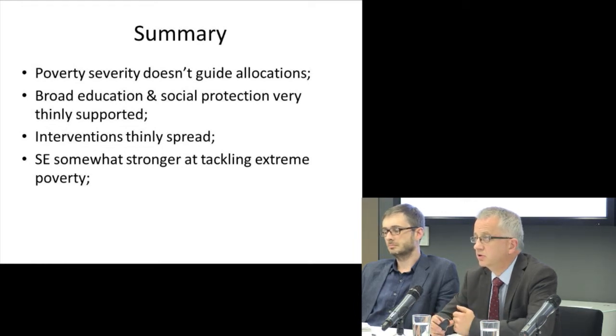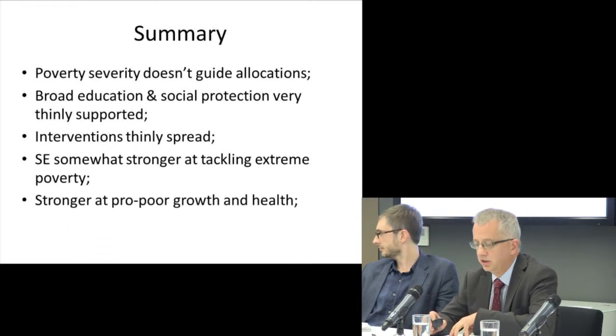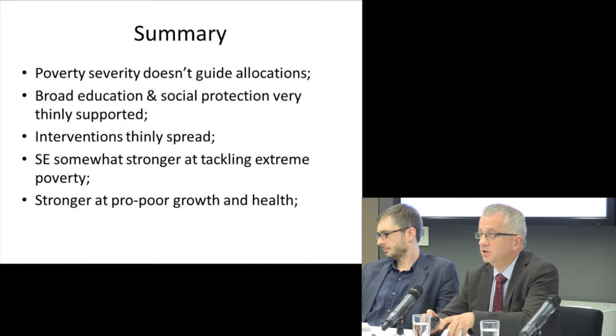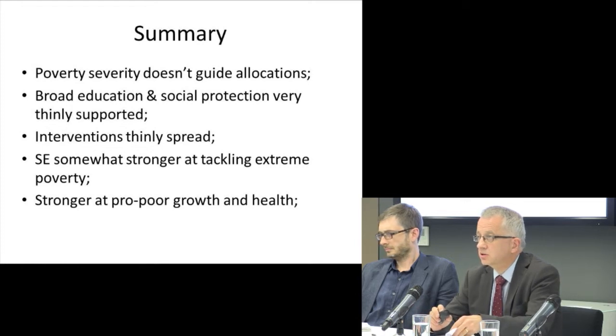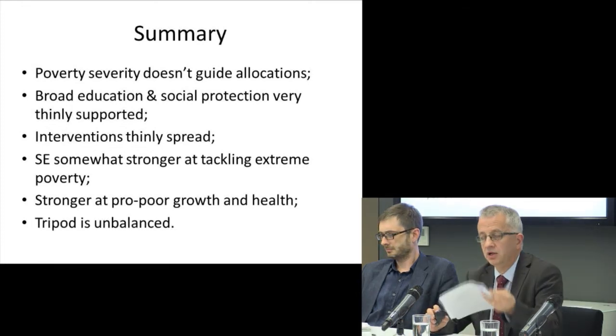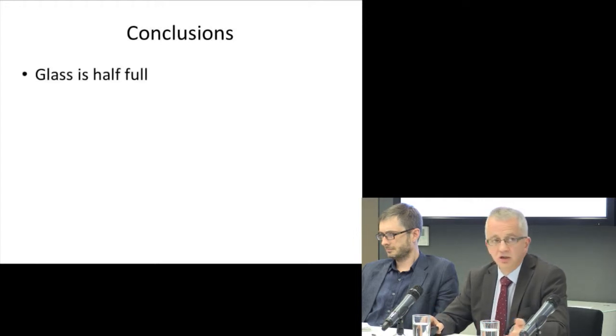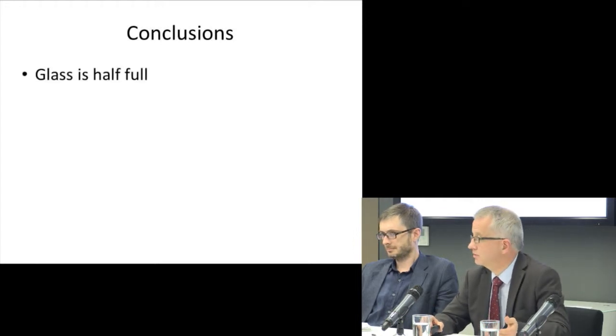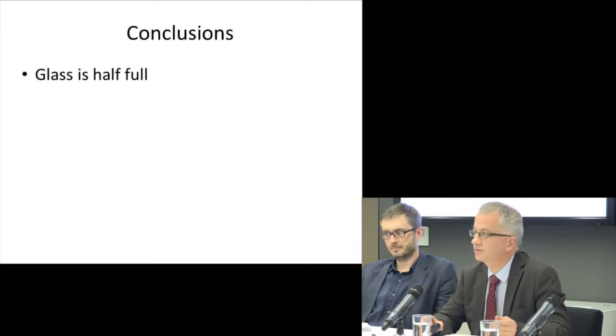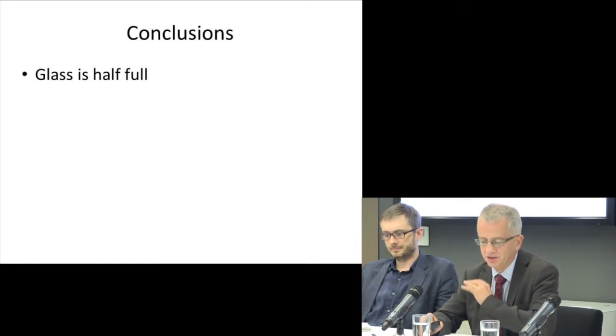Sweden is somewhat stronger at tackling extreme poverty and pro-poor growth, and also health, but the tripod is unbalanced. So you could say the glass is half full or half empty, whatever you'd like to interpret it.